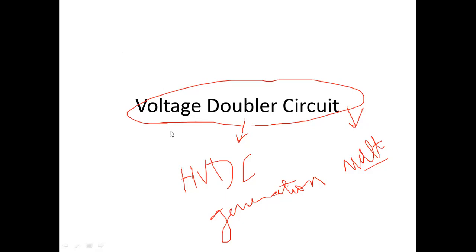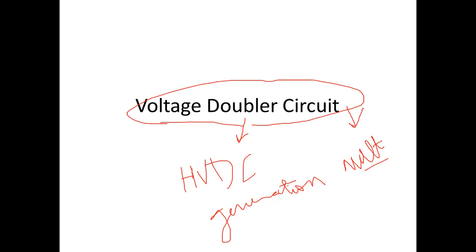Okay, so voltage doubler circuit, as the name reveals, the output of the circuit is double the input. Okay, so how does it become double? There are so many circuits. The voltage tripler circuit also exists. Voltage quadrupler circuits also exist.